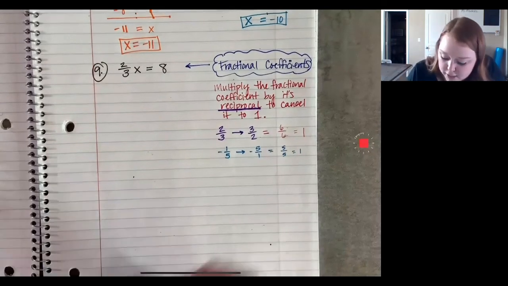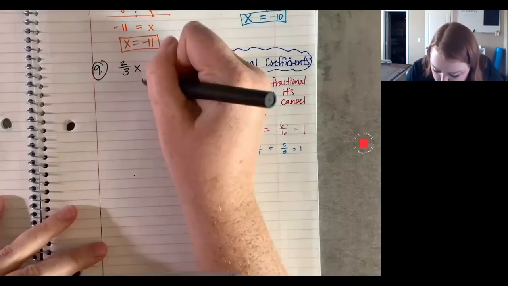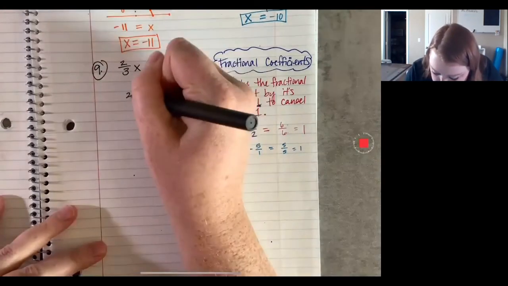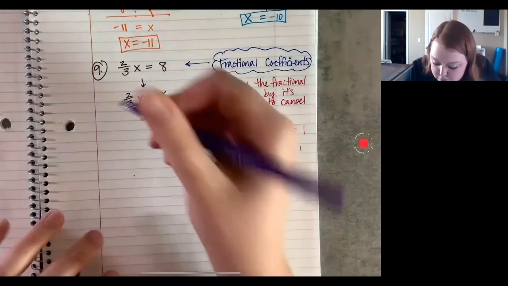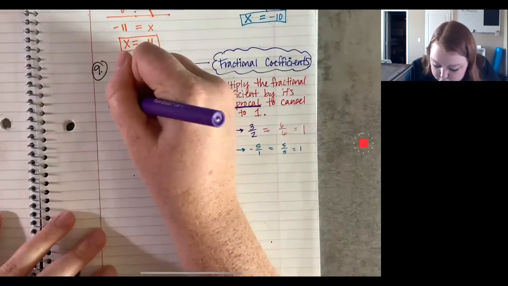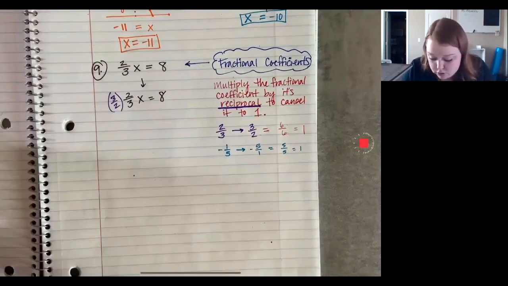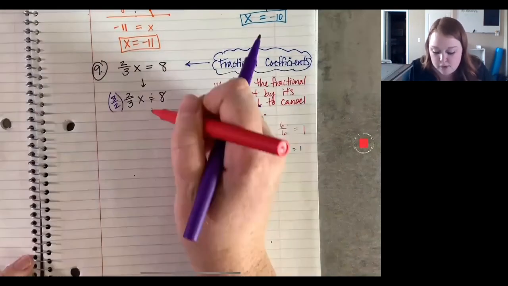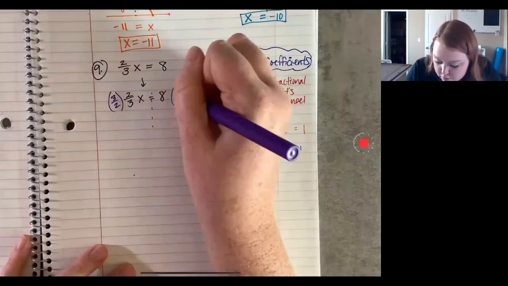So let's try it out. I'm gonna drop this down just so you can see the work a little bit better. Okay. So if I times this side by 3/2, right? Because that's the reciprocal of 2/3. Well, whatever I do to one side, I have to do to the other, times by 3/2.